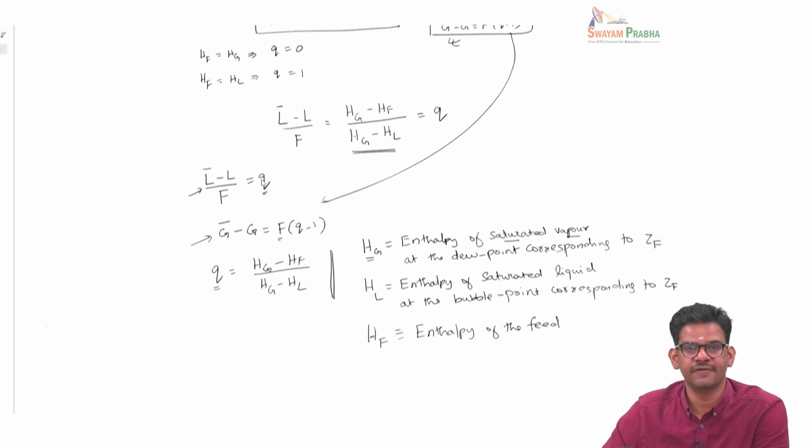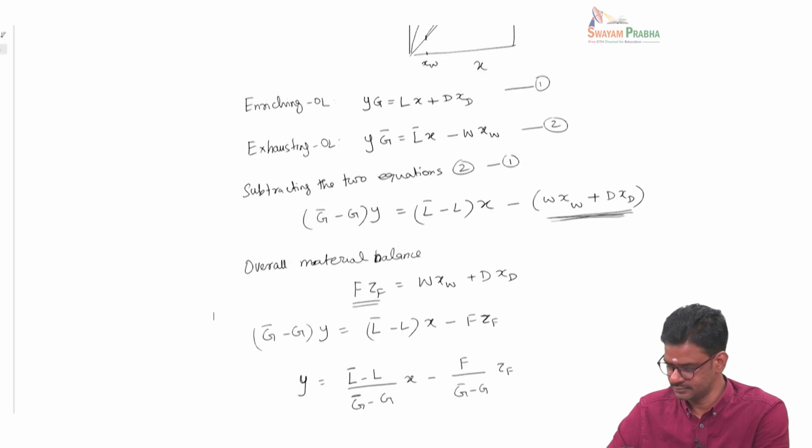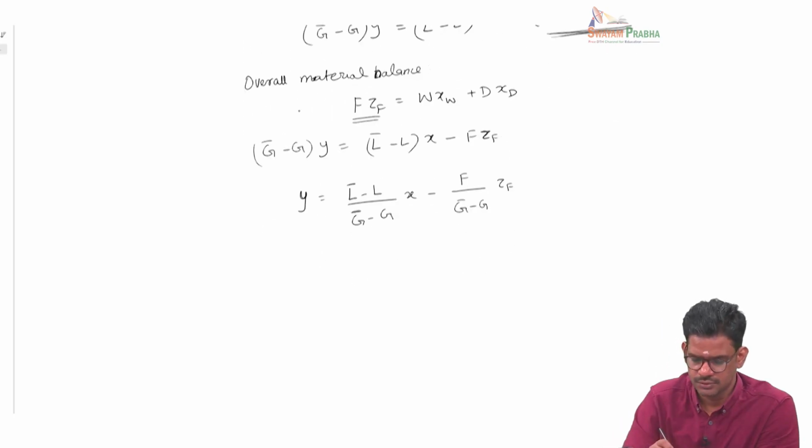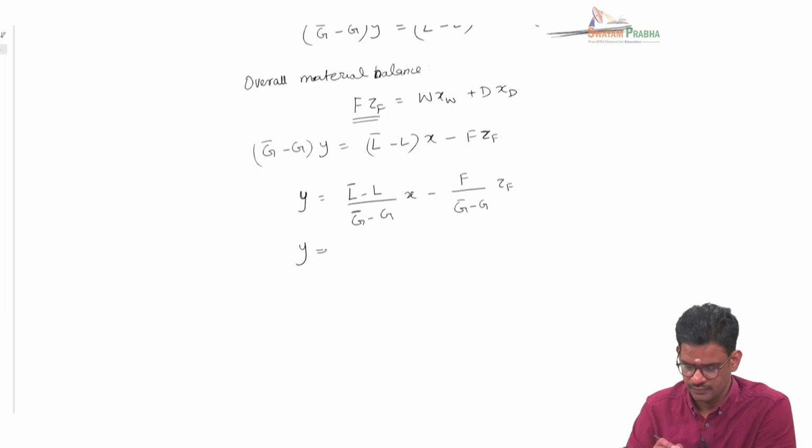Recall that we have defined this q and how q affects L bar minus L. So I can write L bar minus L equal to Fq, and similarly G bar minus G as F times q minus 1. So this is F times q, this is F times (q minus 1) times X, this is F times (q minus 1) ZF.